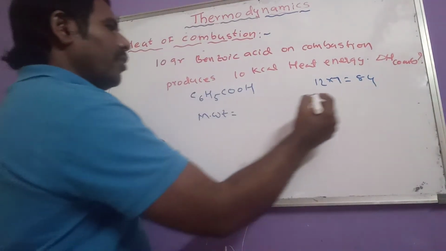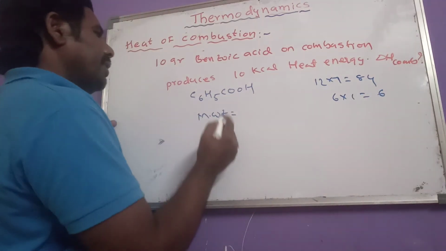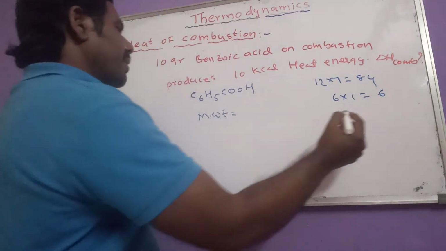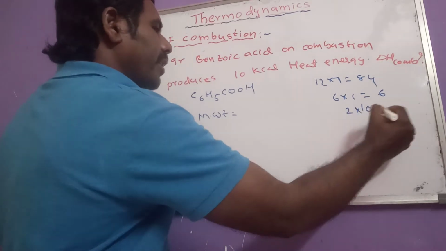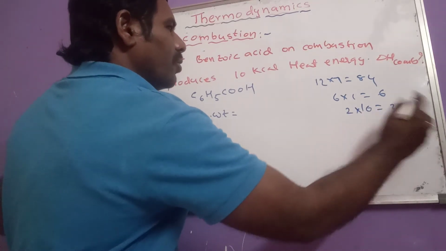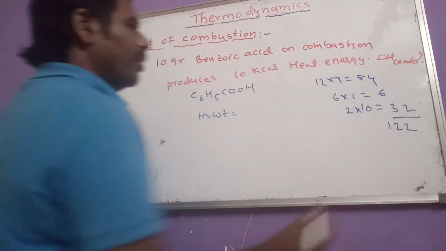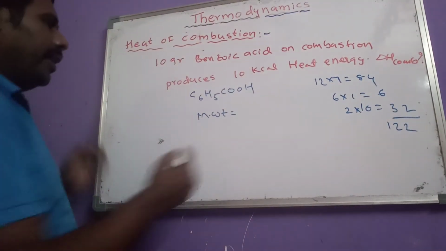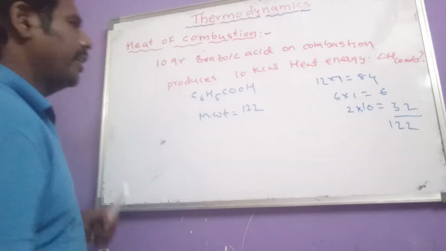Then 6 hydrogens means 6, and 2 oxygens means 2 into 16, which is 32. So now by adding all these, what can we get here? 122. So the molecular weight of benzoic acid is 122.